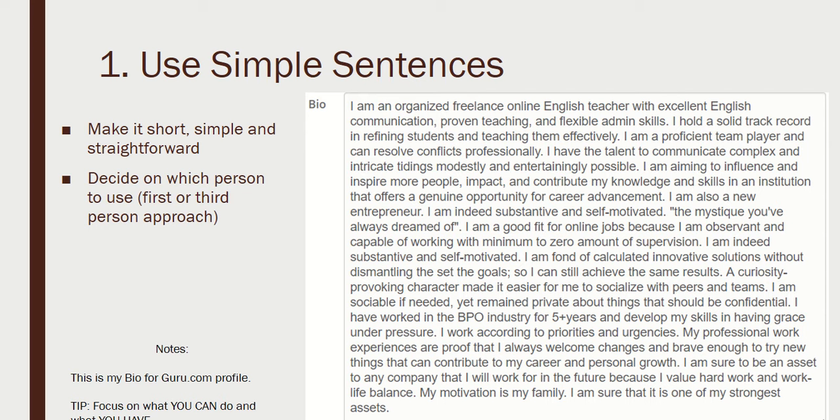Okay. So, it has to be short and simple and straightforward, and it's up to us which person to use. So if we want to use the first or third person approach, it is up to us. The key there is be consistent.